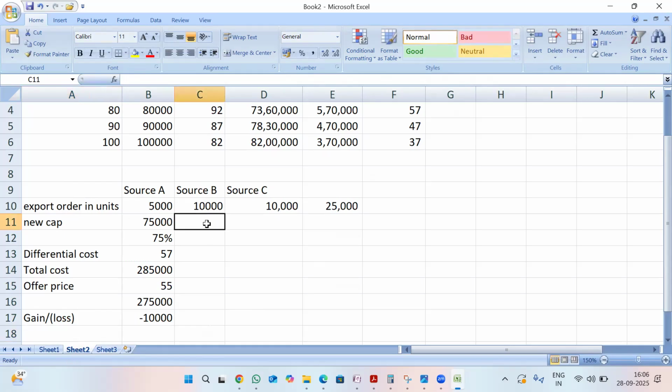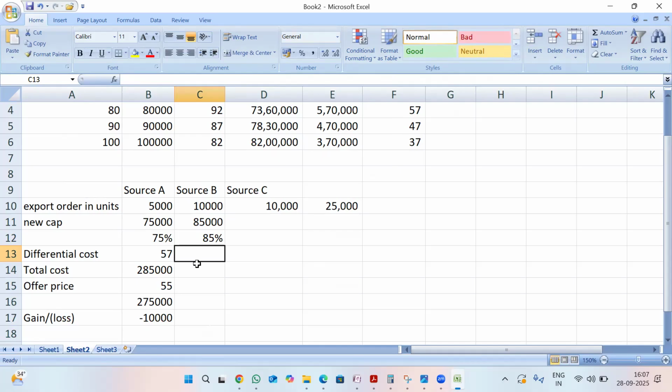Now, say for example, if I have accepted this source A, so I'm operating at 75,000 capacity. So now I'm going to produce this 10,000 also. That means my company is now at 85 percentage capacity, right? So that means my differential cost for 85 percentage capacity will be 47 rupees. So here we have two breakups.